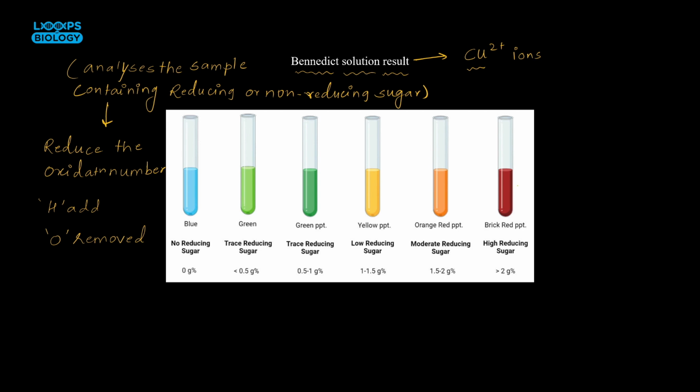Whenever there is a presence of reducing sugar, these copper 2 plus ions are converted into copper 1 plus ions. That means from the plus 2 oxidation state, it is moving to the plus 1 oxidation state. So this is nothing but reduction.